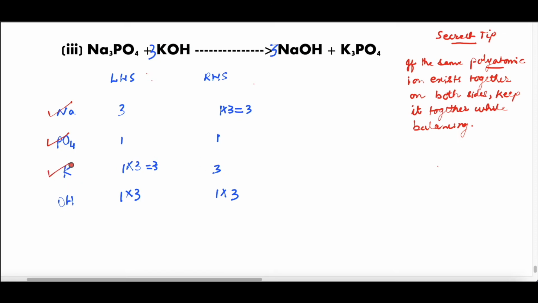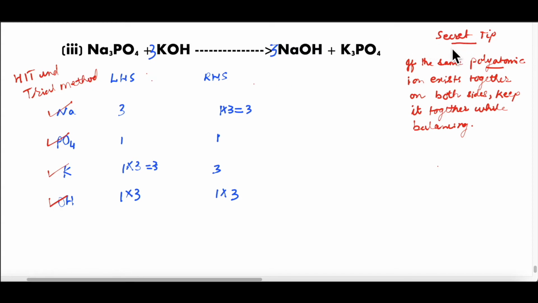So this potassium is also balanced. Then for this hydroxide ion, we have 3 hydroxide ion on the reactant side and 3 hydroxide ion on the product side. So this hydroxide ion is also balanced on both the sides. This way the equation has got balanced by hit and trial method.